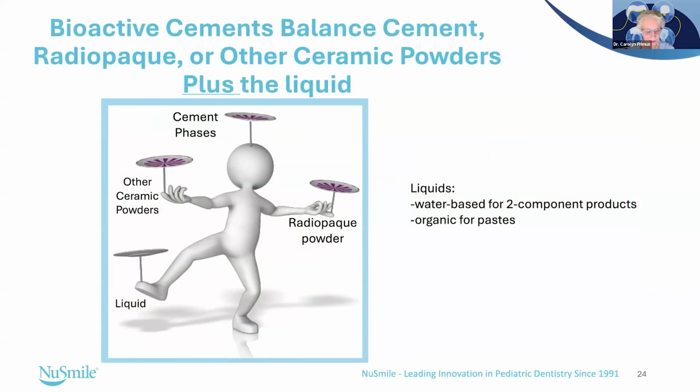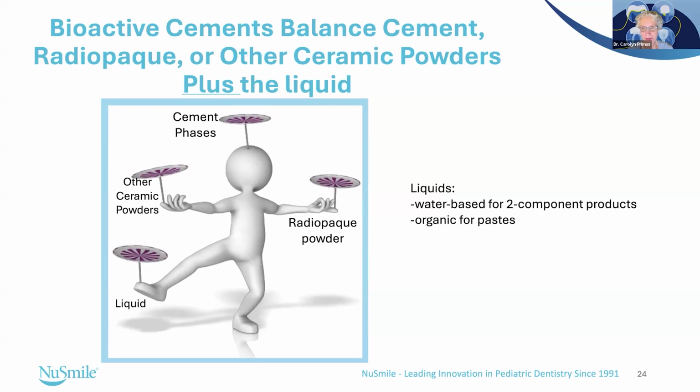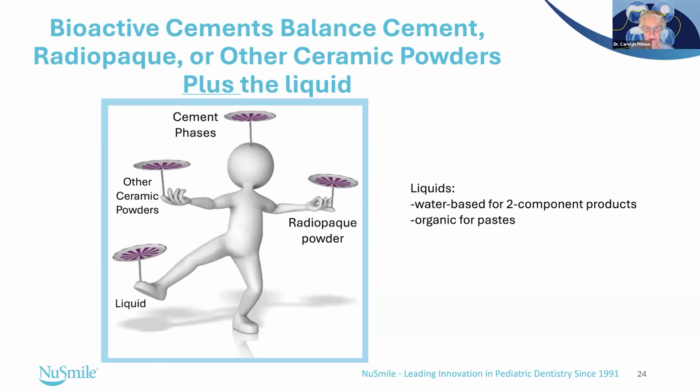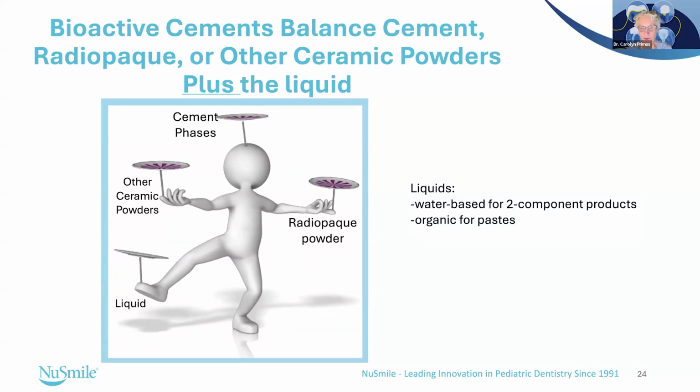I could show you a lot of other formulas, but the whole point of this is that you have to balance the amount of cement that's in a formula with the amount of radiopaque powder and other ceramic powders that a manufacturer wants to add. Plus, there's a consideration of what liquid you are going to offer with that for whatever reason you want.